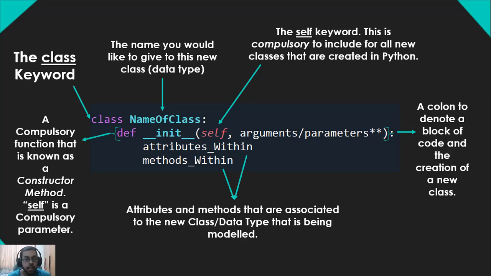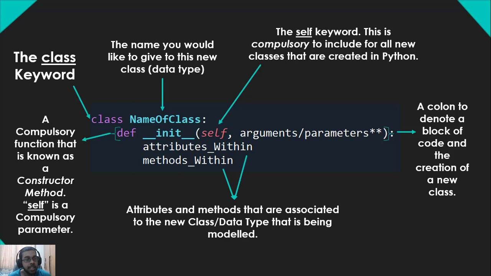Class, name of class, define init, self, arguments and parameters, attributes within, methods within. Class, the class keyword. Name of class, the name you would like to give to this new class, data type. Define, a compulsory function that is known as a constructor method.